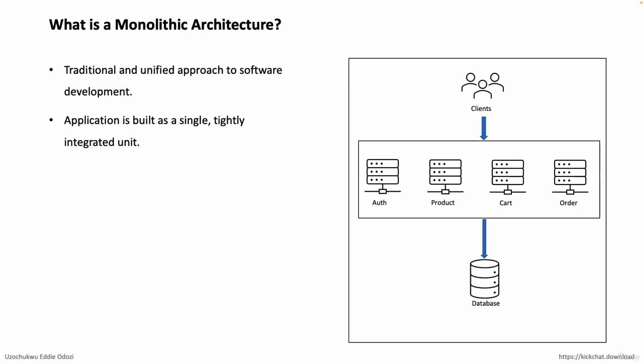As you can see on the right hand side, we have our client, we have our server layer or the subdomain layer. If you have maybe an e-commerce application, you have your authentication layer, you have your product, you have your carts, you have your order, but they are all as a single unit, not separate services. And then all of these services are connected to a single database. So this is the idea of what a monolithic architecture is.